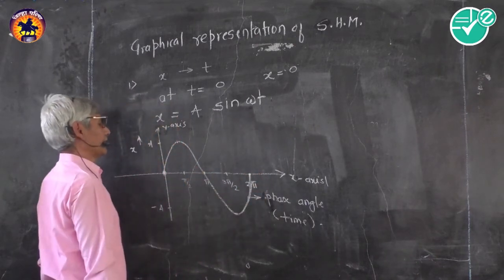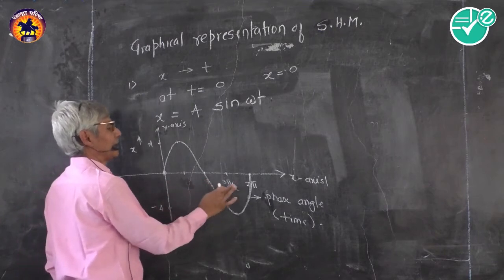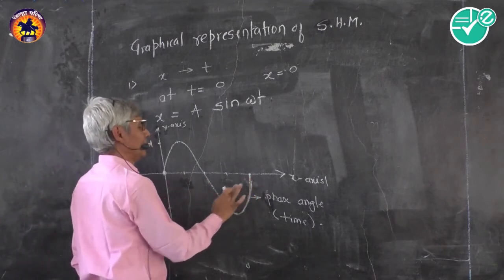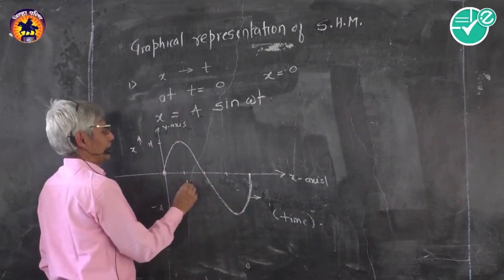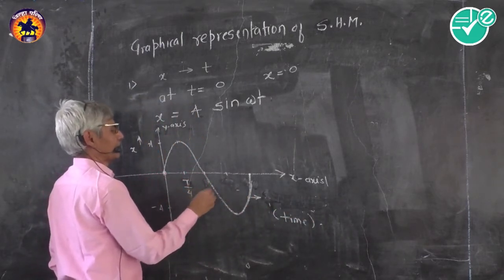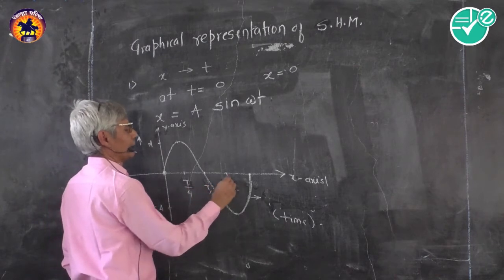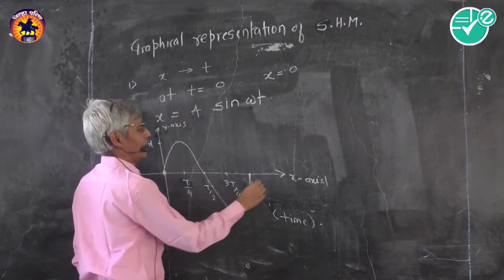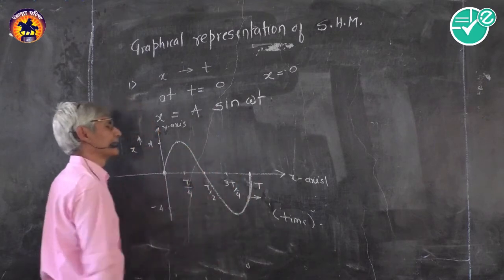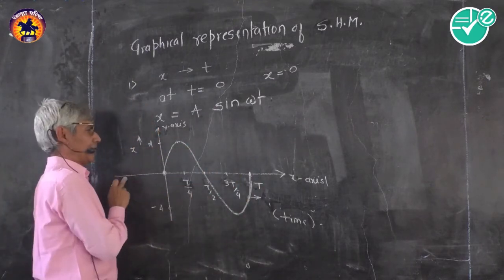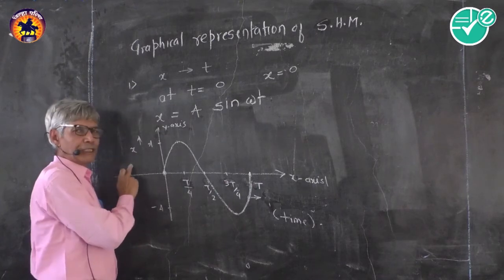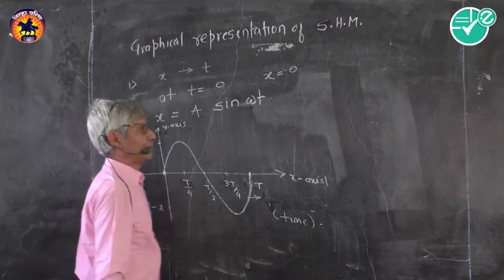If we represent the graph of x with respect to t, then instead of this omega t angle, this is T by 4, T by 2, 3T by 4 and capital T. So this is the graph which represents the variation of the displacement with respect to time.